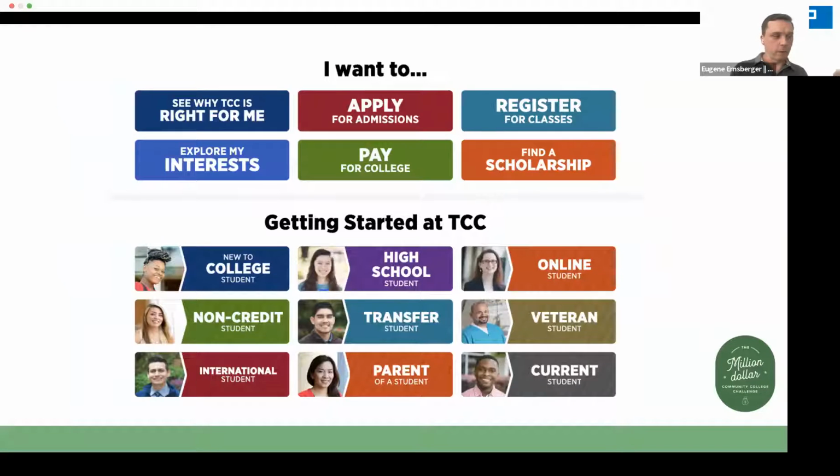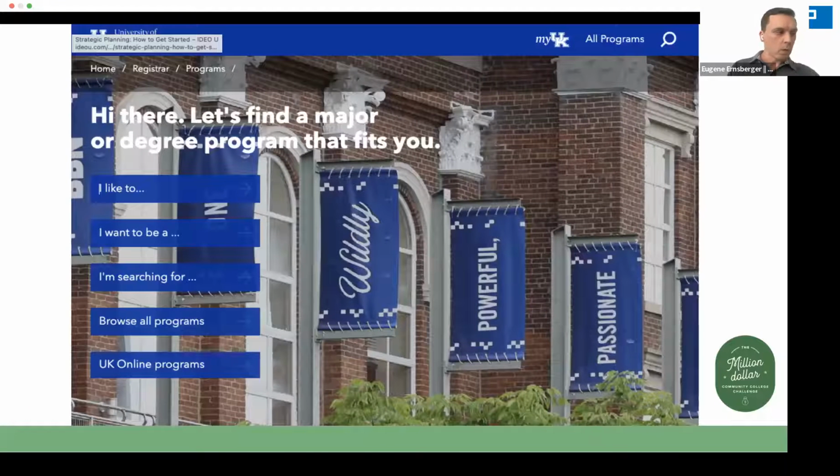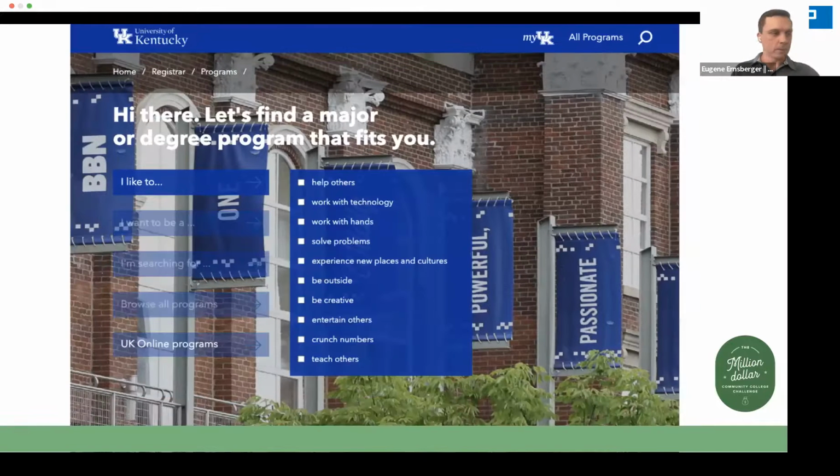Here we have very direct pathways to content based on high-level needs, and then also by audience groups. This example goes even further and provides a wizard-style approach. It's a step-by-step tool that helps students find ideal programs based on their personal interests and their ambitions.